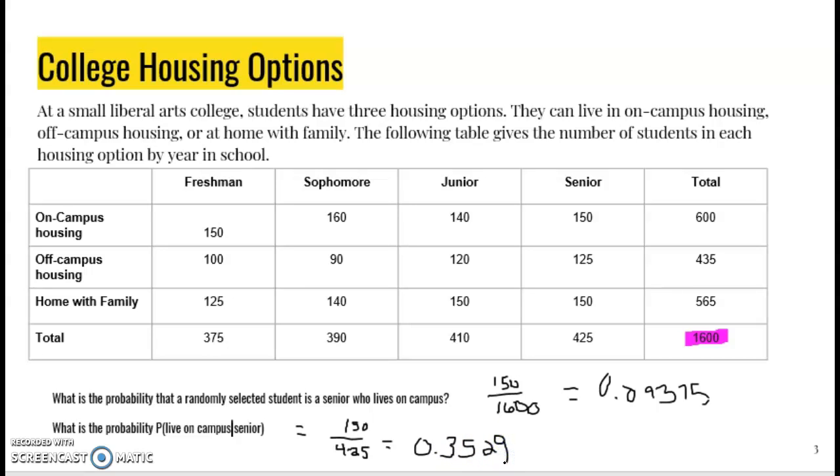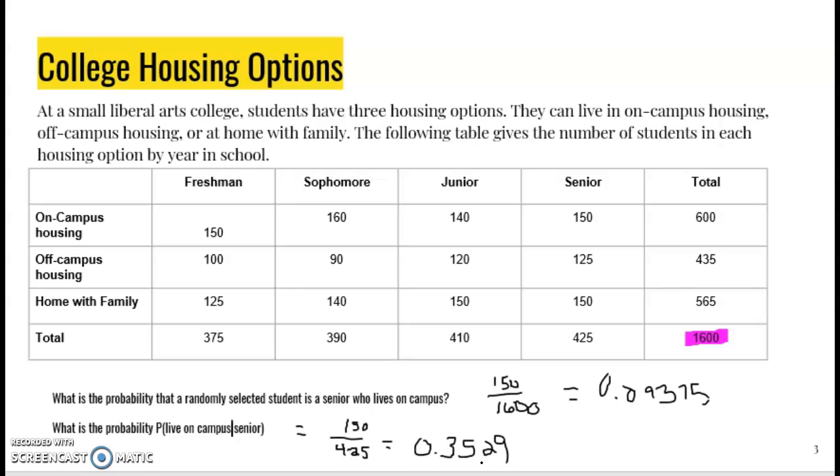So what does that really mean? It means that if we repeat this experiment of selecting a student at random, about 35% of the time, this is a percent, about 35% of the selections that resulted in a senior being selected would also result in the selection of someone who lives on campus.